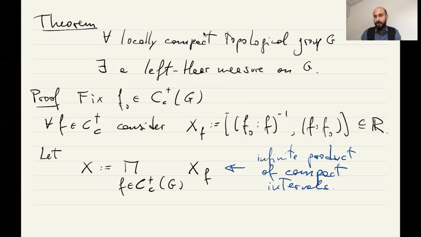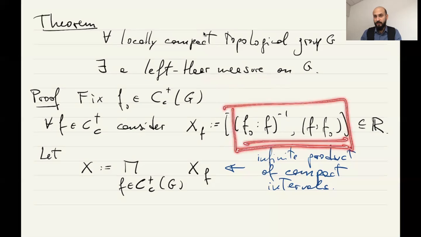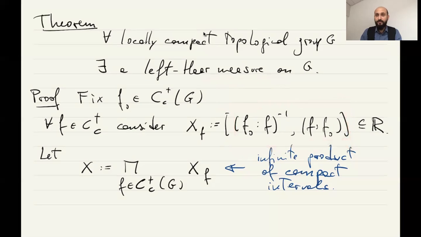The idea is that instead of looking for a measure, we are looking for an operator on continuous compactly supported functions, and we define some operators that are almost linear, that for any f take value inside this interval. So it means that as a function, I belongs to this infinite product.